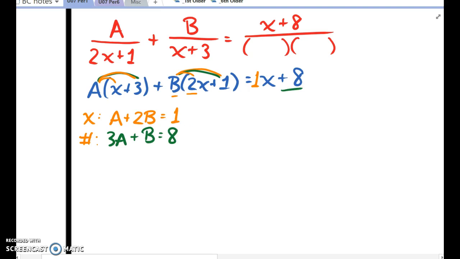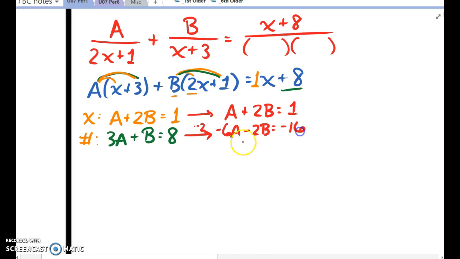Okay. So this system of equations is a little bit nastier than the one we did earlier, but still not too bad. I'm just going to take this first piece and leave it alone. And the second equation, I'm going to multiply everything by -2, so I can get some stuff to cancel. So -6A minus 2B equals -16. So -5A equals -15.